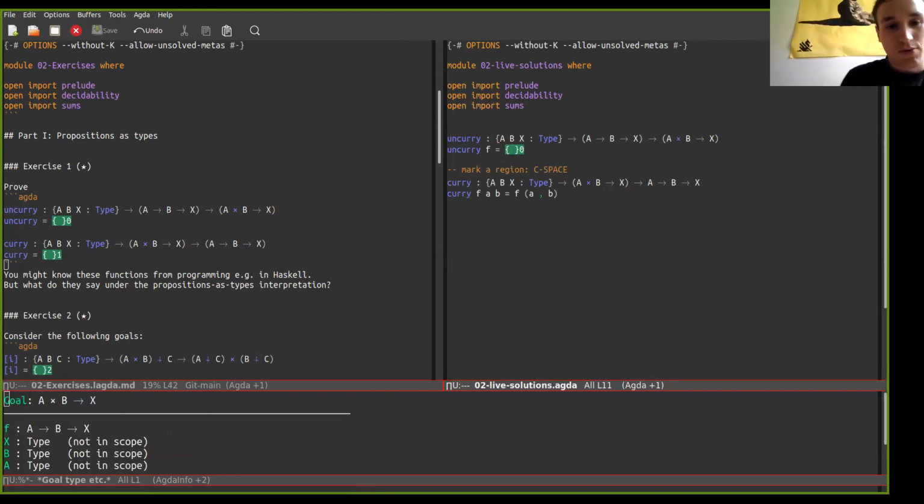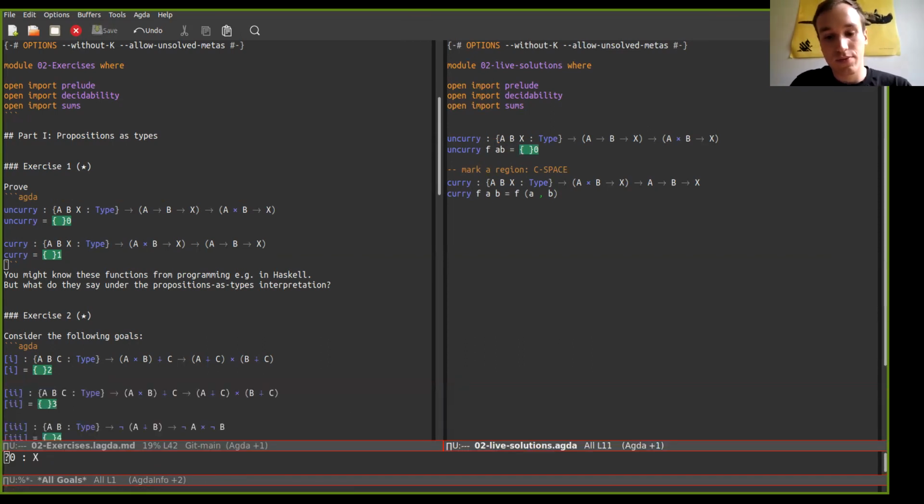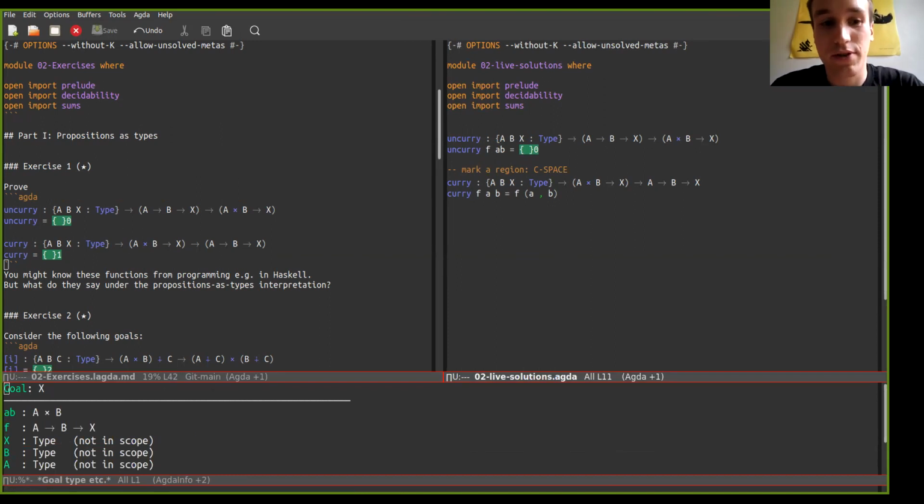So now we see we have to produce something of A times B to X, and we have an F from A to B to X in scope in our context. So we can give it a pair, maybe call it AB for now, and we have to produce something of type X. We could also unpack the tuple directly in the arguments.